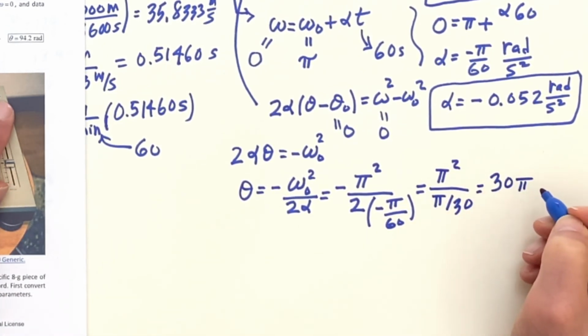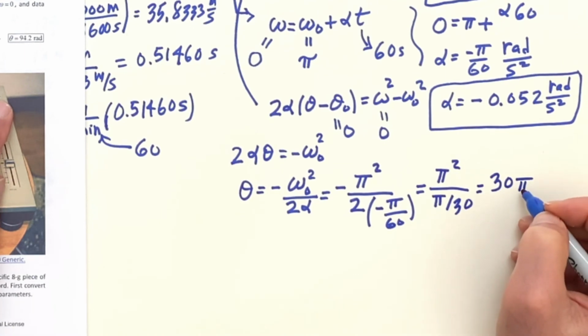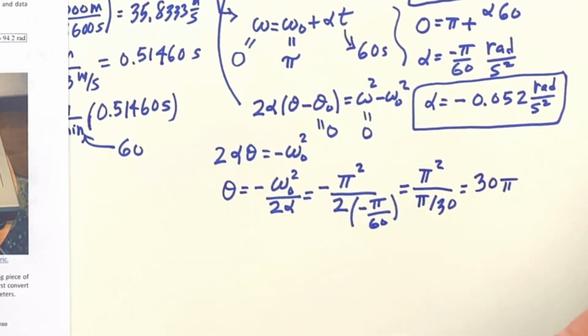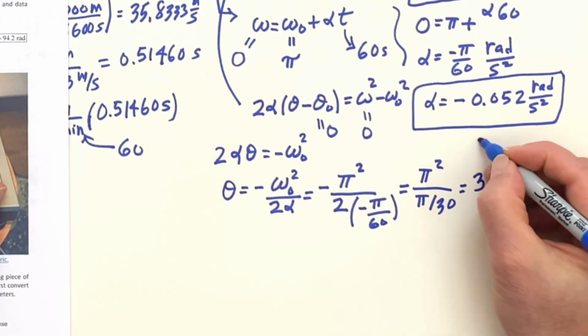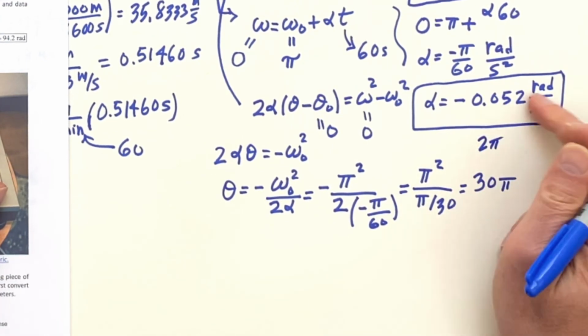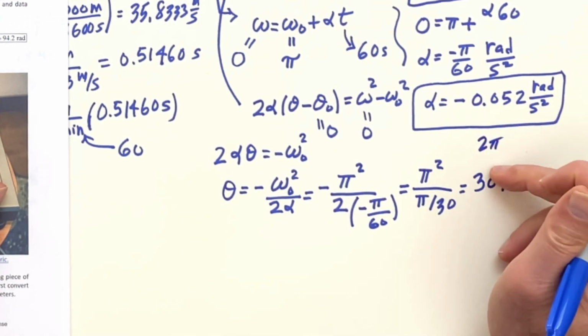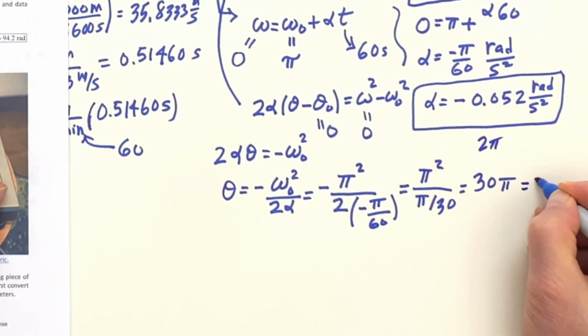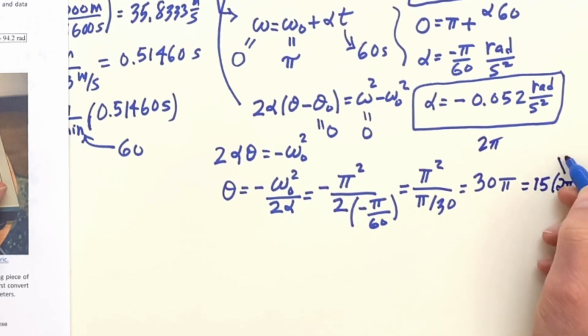That's awesome. So pi is 180 degrees, so it's like 30 times pi, 3 times 180. So you're looking at 15 rotations, because you remember every 2 pi is spinning around once. So this is equal to 15 times 2 pi, and this is one spin.